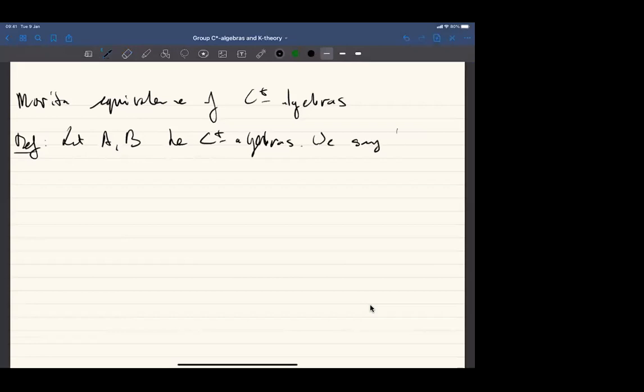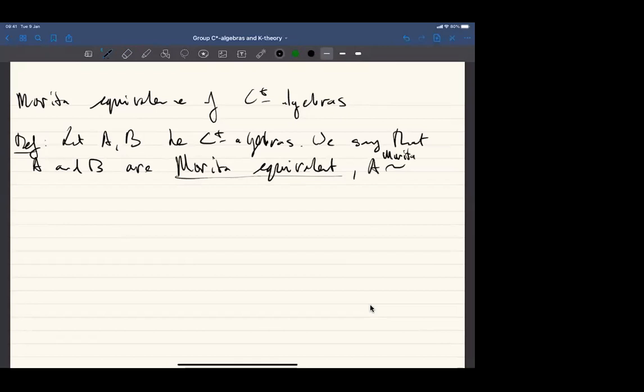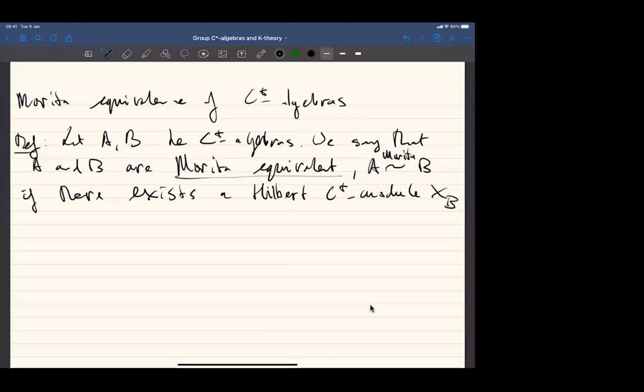We say that A and B are Morita equivalent, and we write that like this, if there exists a Hilbert C-star module X over B such that A is isomorphic to the compact operators on that X.